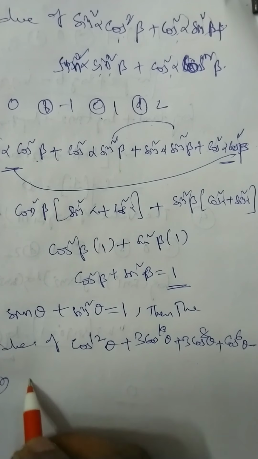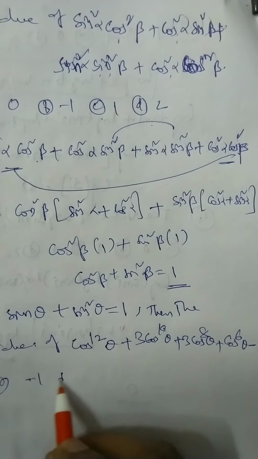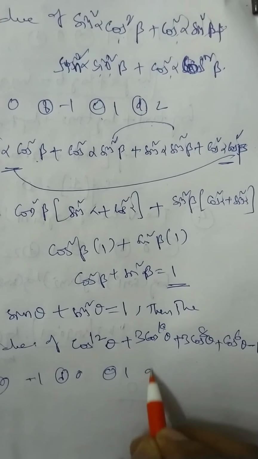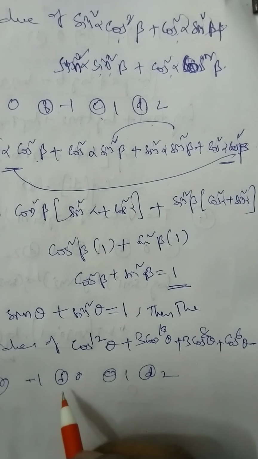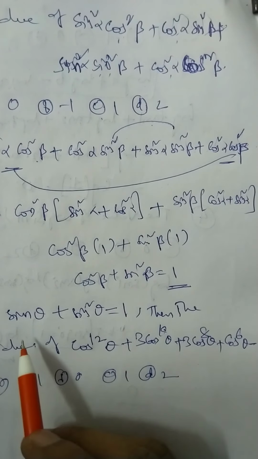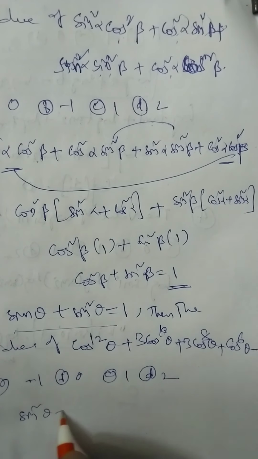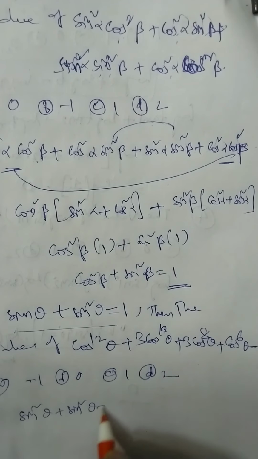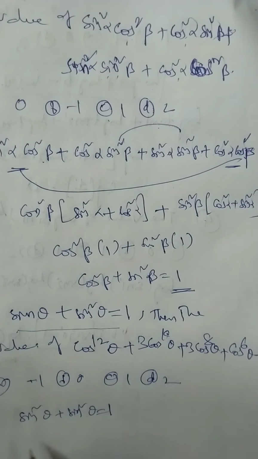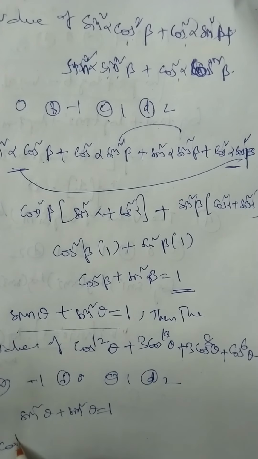The options are -1, 0, 1, 2. Here you have been given a relation, sin theta plus sin square theta is equal to 1, and you are supposed to calculate the value of cos power 12 theta, 3 cos to the power of 10 theta plus 3 cos power of 8 theta plus cos power 6 theta minus 1.